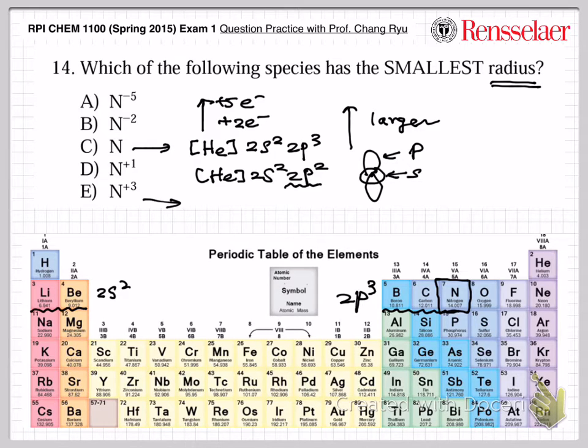Whereas in the last case, you have completely lost all the p orbital electrons, so you end up getting this. So the size of this one is about just the 2 s electrons. Therefore, this will be the smallest. So the answer for this will be E.